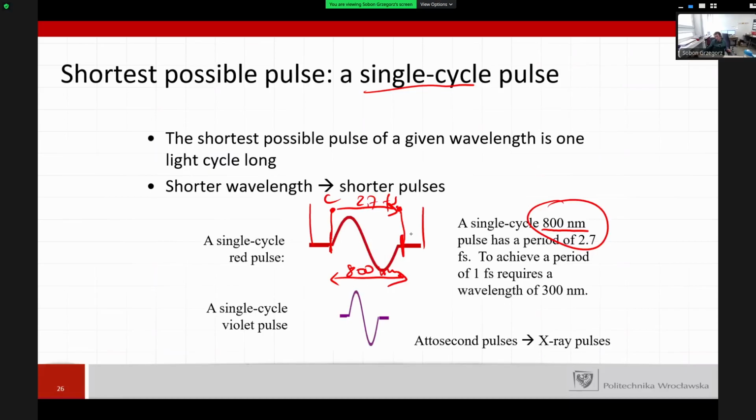So if you want to go to shorter pulses, so for example, if you want to generate 1 femtosecond pulse, you would require a wavelength of 300 nanometers, so a much shorter wavelength. That's why the shortest pulses, even attosecond pulses, are generated in the X-ray regime.